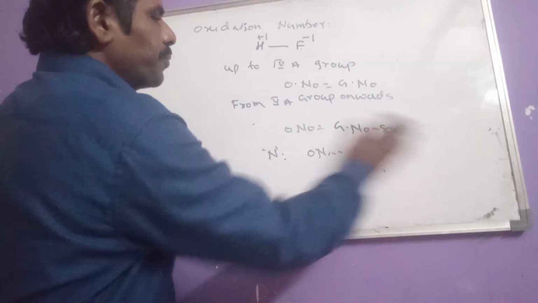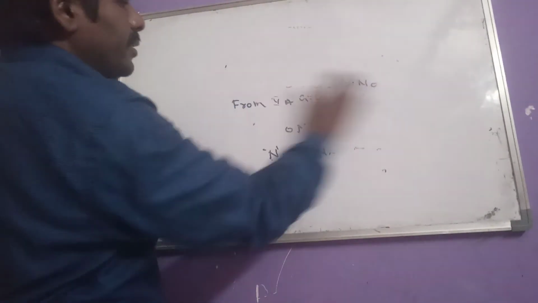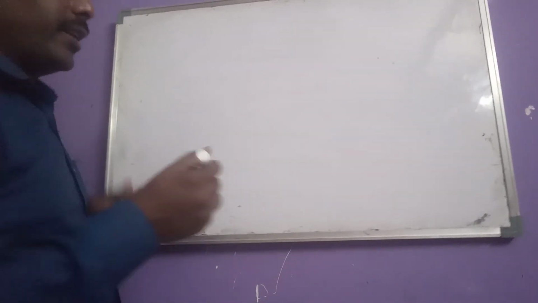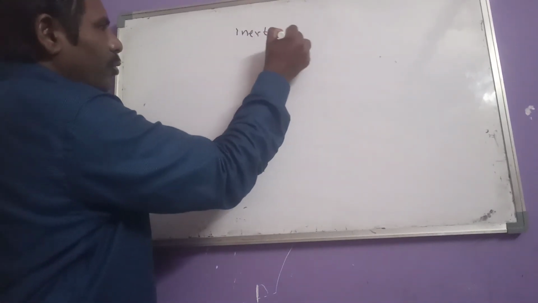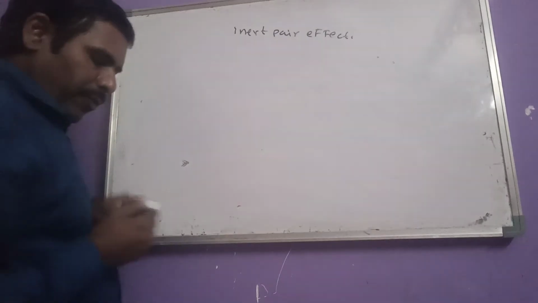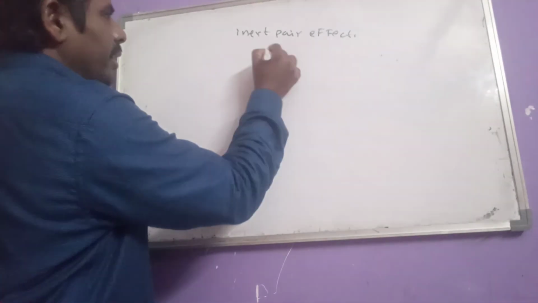Okay, now in that some important thing is there. What is that? Inert pair effect. So what is inert pair effect? Let us see here. If you consider third A group elements, what is their general electronic configuration?